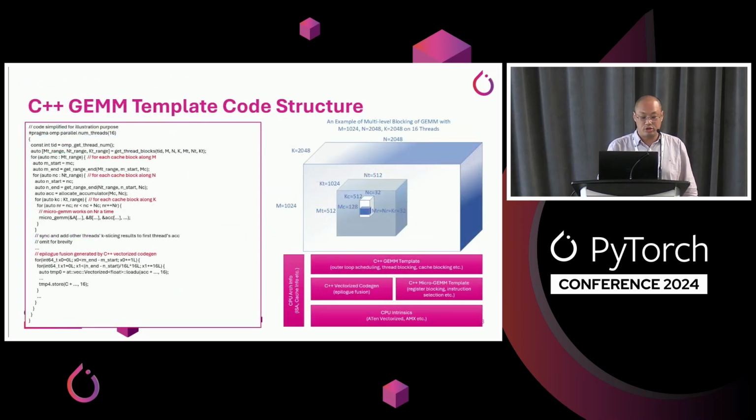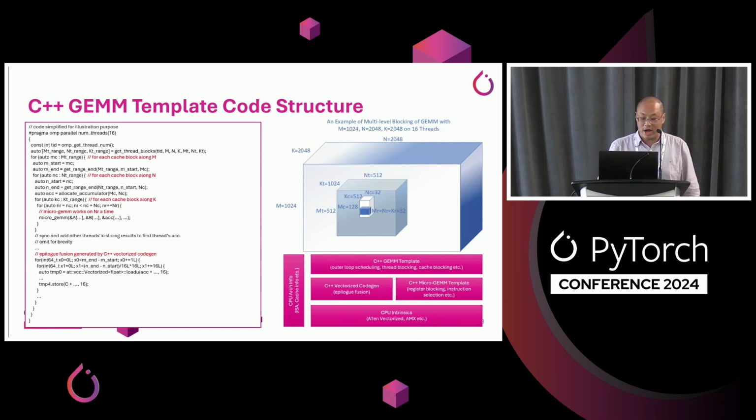After introducing the vectorized codegen and all the optimizations, now let's take a closer look at the GEMM template. The template operates on 2 levels of abstraction. At the top level, there are outer loops, which can be shared by multiple CPU architectures.